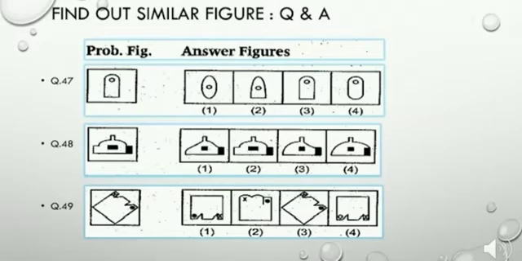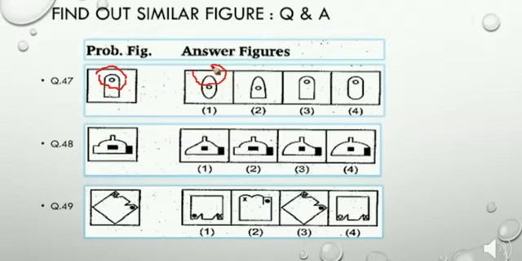Let's go to question number 47. In this question there is a problem figure given and there are 4 options given. Let's check which of the options is exactly similar to the given problem figure. We can check for this area in the beginning whether this area is available in the given answers. Let's check answer number 1.